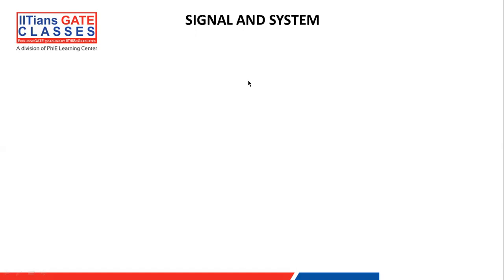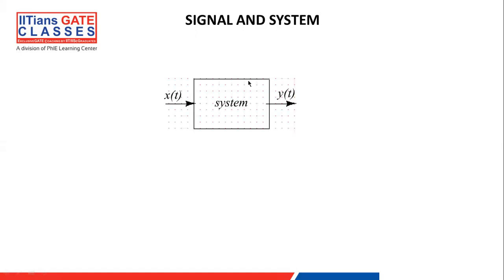Let's start. When we see anything about the signal and system, there always involves some kind of input signal. Then there will be a system which will be operating on this input signal and then giving some meaningful output signal.